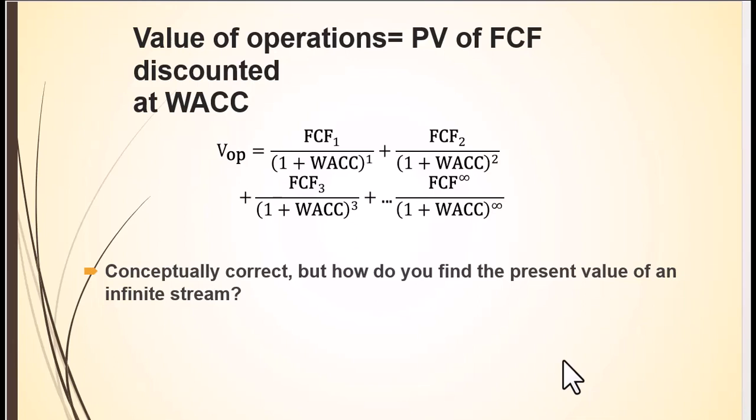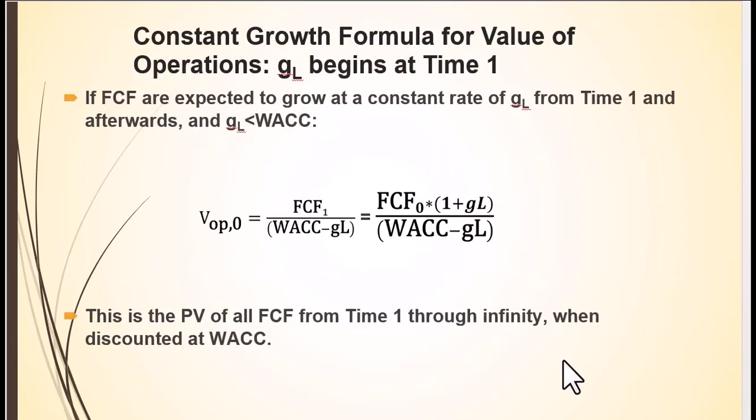So this formula is algebraically equivalent to this formula. If you take the free cash flow today and multiply it by 1 plus the growth rate of free cash flow in the future, divide that by the weighted average cost of capital minus that growth rate, that will give us a calculation or a value of operations.